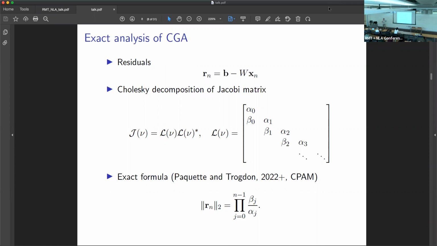So the orthogonal polynomials are essentially connected to CGA via the VESD. There exists a connection, and this is the motivation for studying this problem.